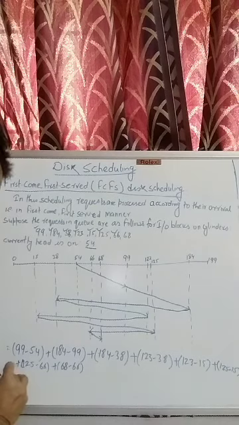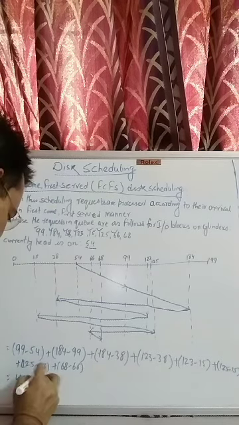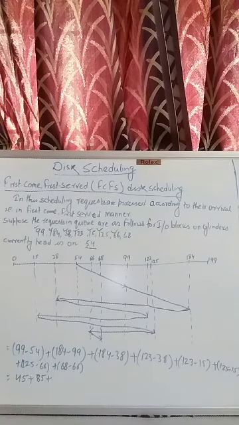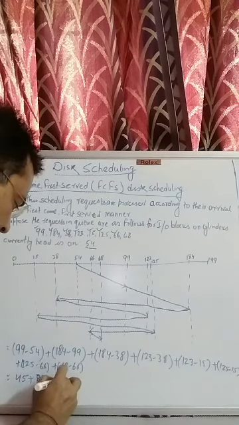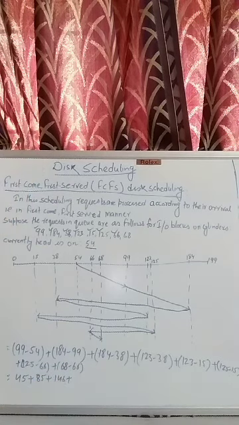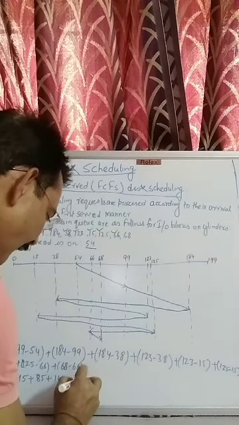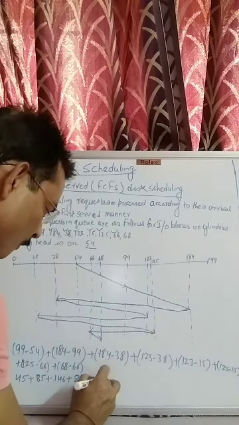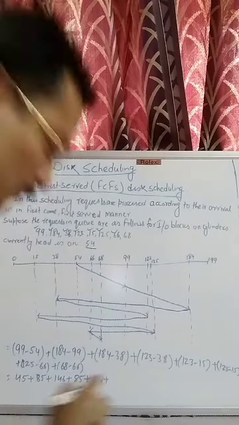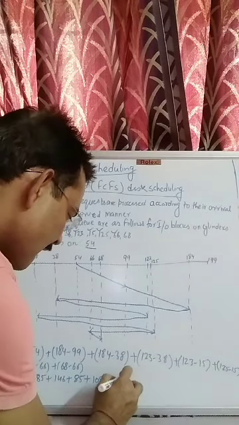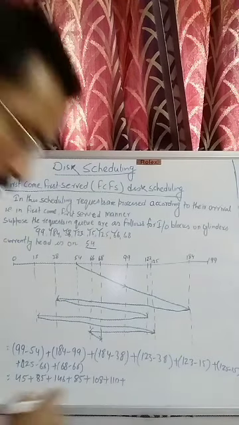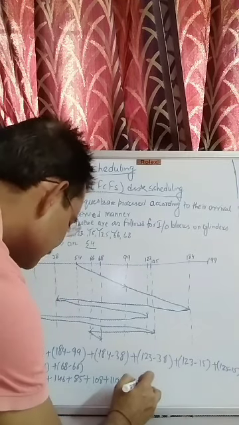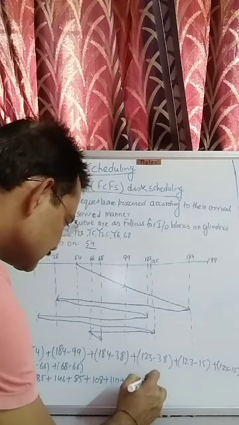So when we compute this, it is 45 plus 85 plus 146 plus 85, 108, 110, next is 59 plus 2.